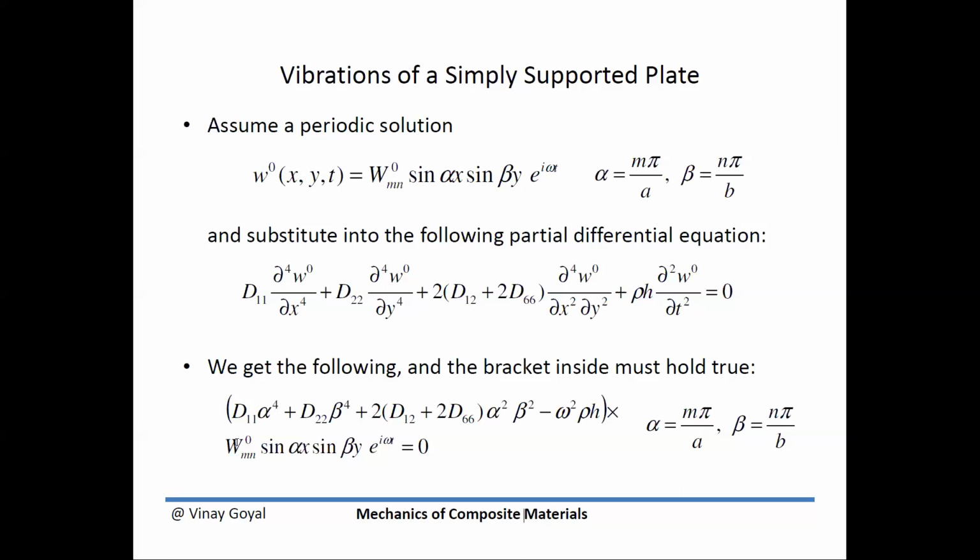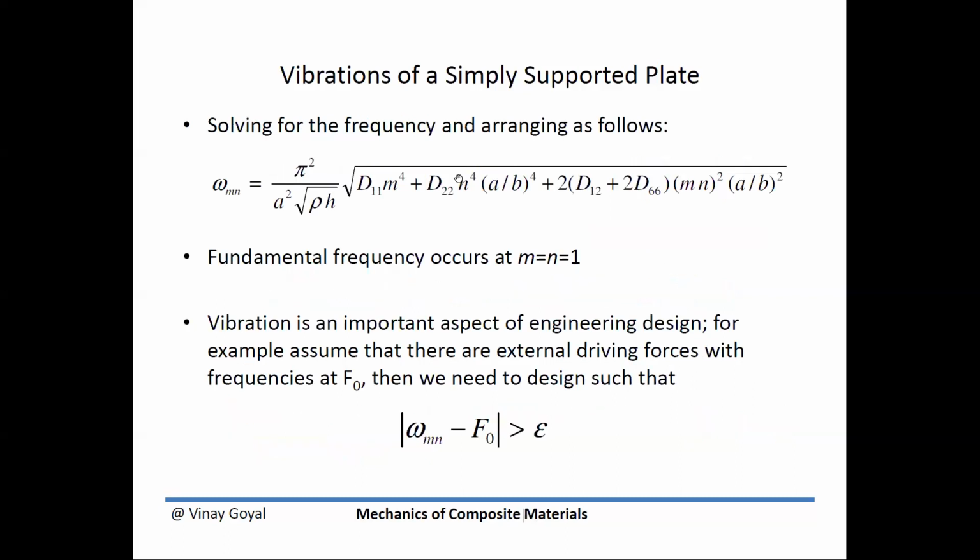But what we're most interested in is trying to understand what is going on with this plate in terms of the vibration, the natural vibrations of this plate. And so if I solve for omega in this equation, what I found here is that we're able to solve for omega.